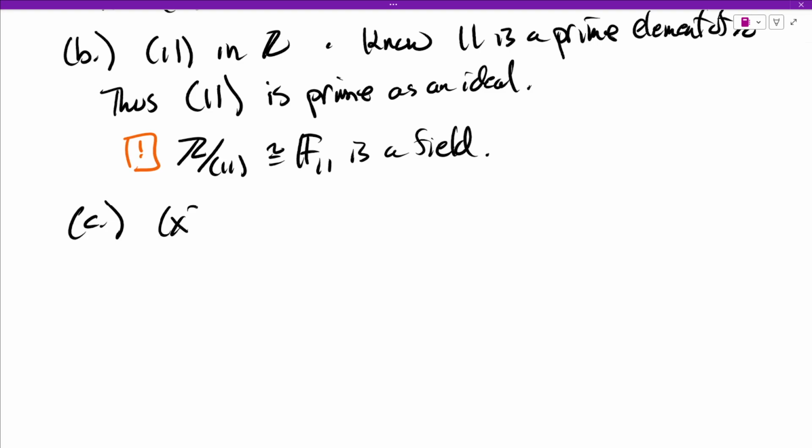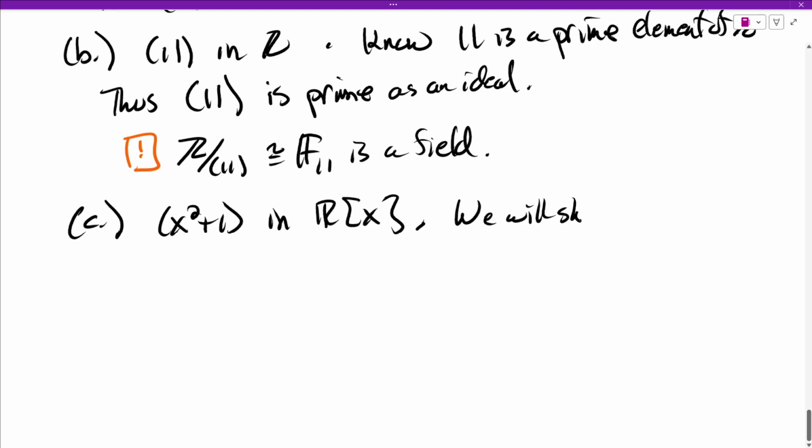Let's look at the ideal generated by x squared plus 1 in R adjoin x. We will show in a little bit that in a PID, irreducible implies prime.